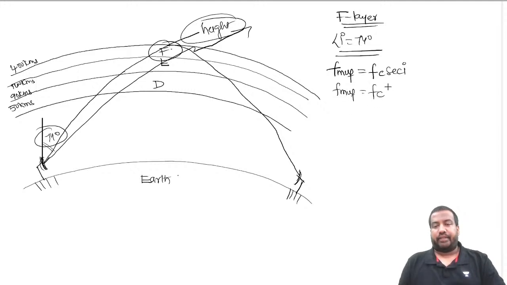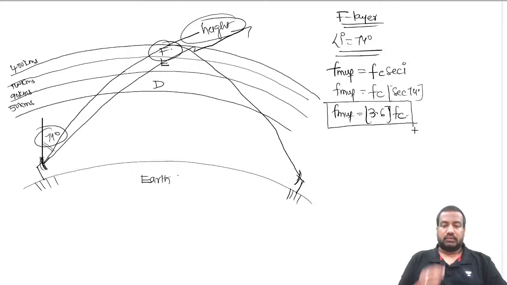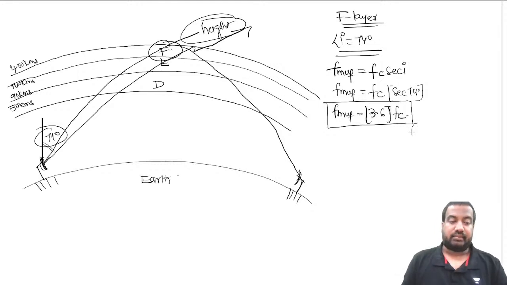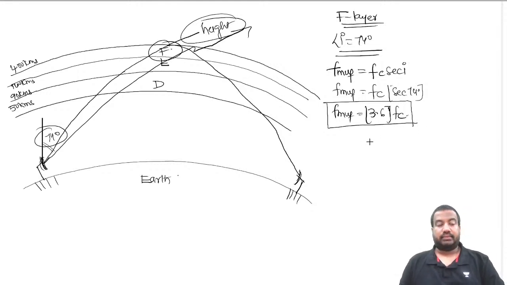FMEF is equal to FC into secant 74. FMEF is equal to 3.6 times of FC. Clear?